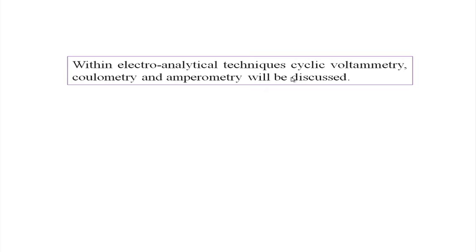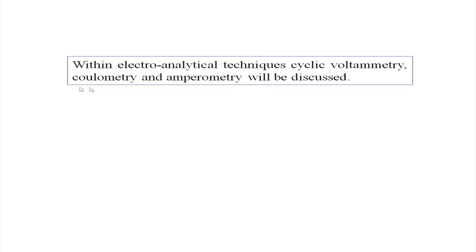We can use cyclic voltammetry, a voltammetric technique where we get a current from a voltammogram with respect to the corresponding potential, and the amount of current passing for that type of reaction.